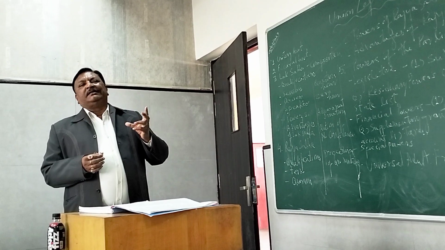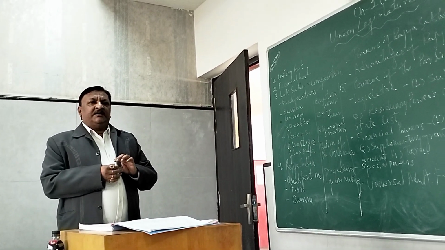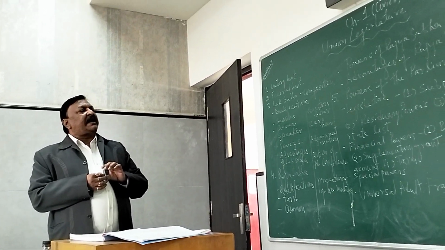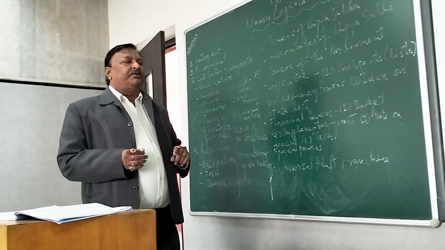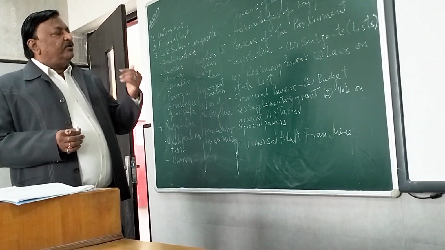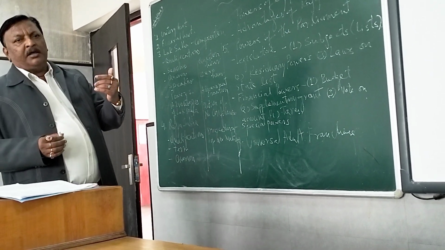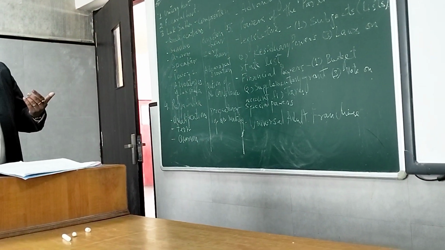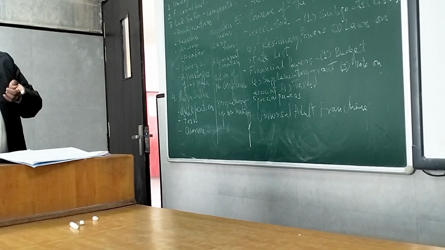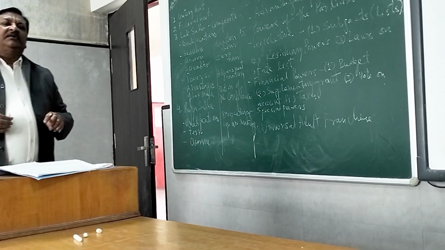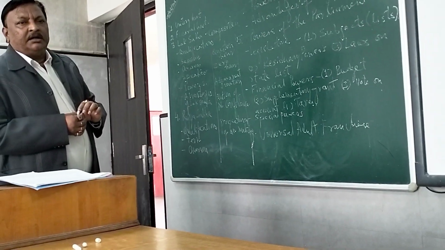But there is a common list that is called as the concurrent list. Now here both the state government and the central government can make a law, but there is a condition that if a similar law has been made by the state government and the union government on a topic, then the law of the central government will prevail and the law of the state government will become null and void.